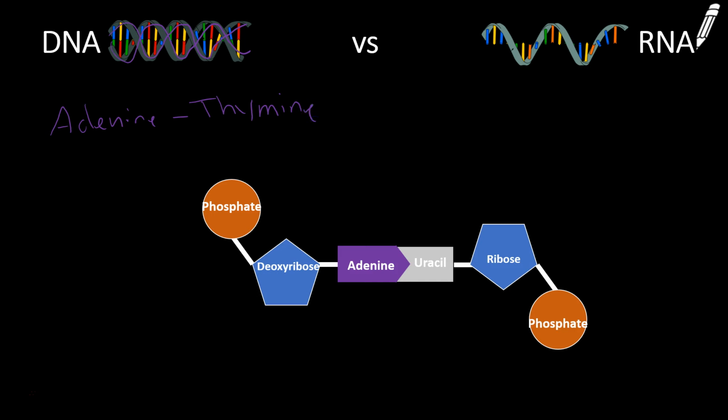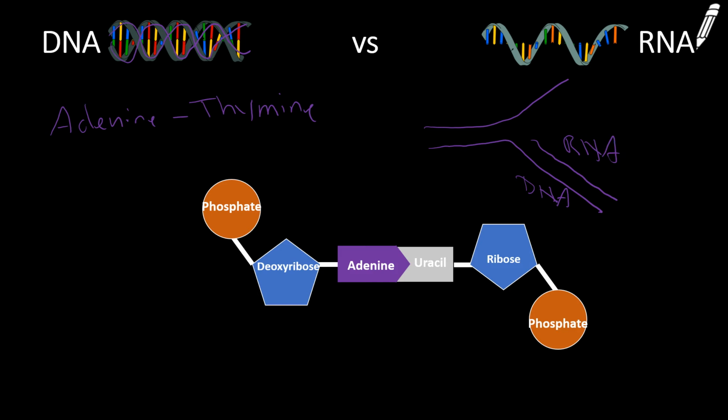Now, next week we'll go over when this actually happens, but from time to time we'll have DNA split, and RNA will actually be made from DNA. So we'll have DNA here, and we'll have RNA pairing with it, because remember, RNA is that single strand.